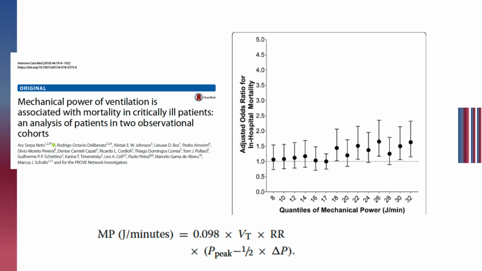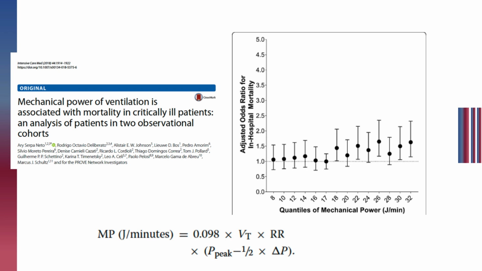I've got an app on my phone where I can work out the mechanical power by punching in the tidal volume, the respiratory rate, the peak pressure, and the driving pressure, and it spits out a number. We really want to aim for a mechanical power of ideally less than 18, about 16 if you wanted to be lung protective.